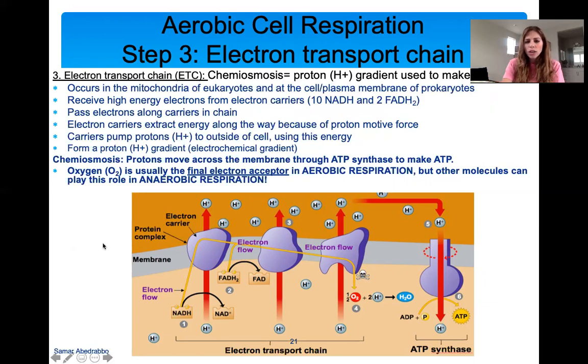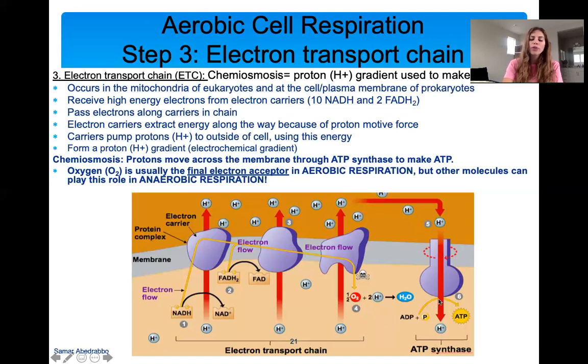So these protons will want to get back in the cell, and they'll go through a membrane protein called ATP synthase. And every time the protons get back through, they create an ATP. So all the NADH and FADH2, which we call electron carriers, will go here. The flow of electrons will create this gradient, this proton pump, and these protons will want to get back in the cell.